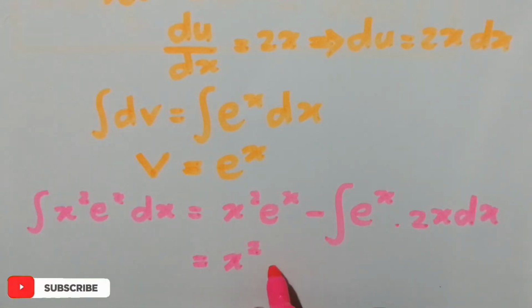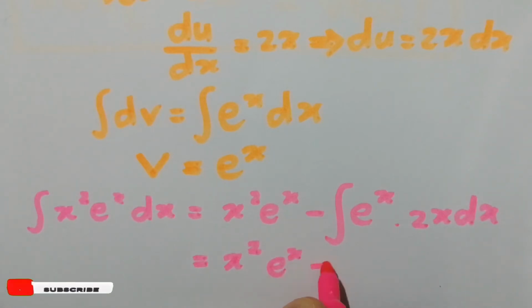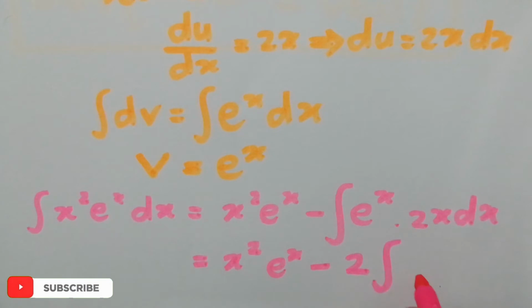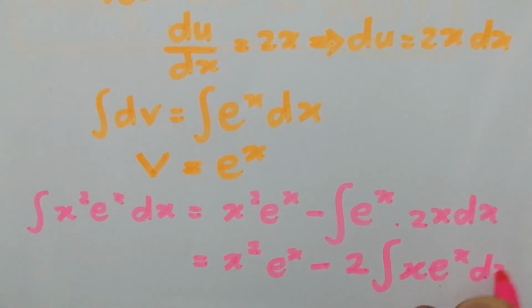Now the next step: x squared e^x minus 2, which is a constant, I can take it out. Then I have integral x e^x dx. Here again I want to use the formula of integration by parts, since I can't use any other method to integrate this one.